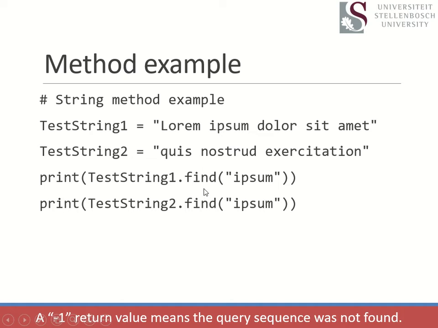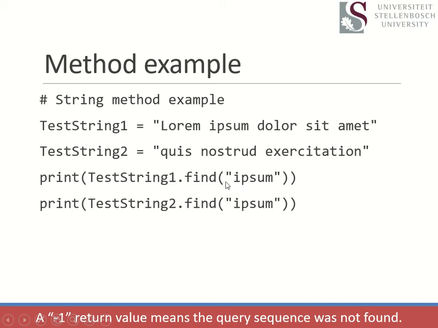So if I want to use the find method, I need to specify which object it's going to act upon. So the find method here is part of test string 1 because it's an example of a string.